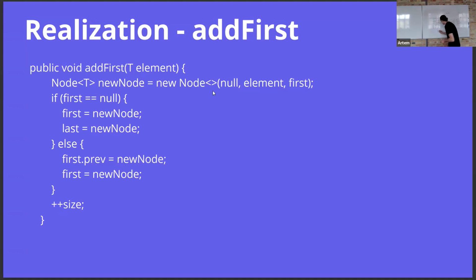For example, as you can see, we set an element. For example, it will be 5. And also our prev value is null because it's a new first element. So prev is null. And already we set the next element.